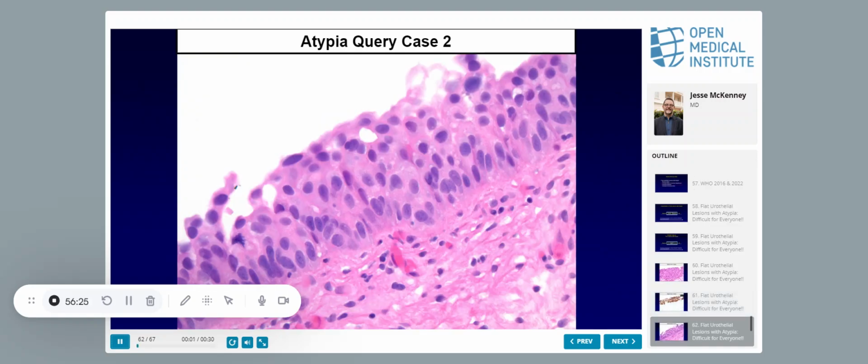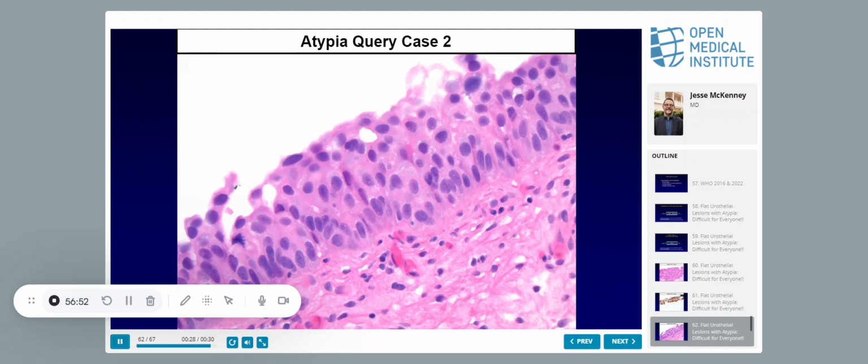Here's another case. Again, they're very pink. It's bland. I think this is not CIS. There's not enough atypia. They're not big enough. There are mitotic figures, and there were a lot of these mitotic figures, and there's no acute inflammation. To me, again, this is weird. I'm worried this is early low grade or dysplasia.